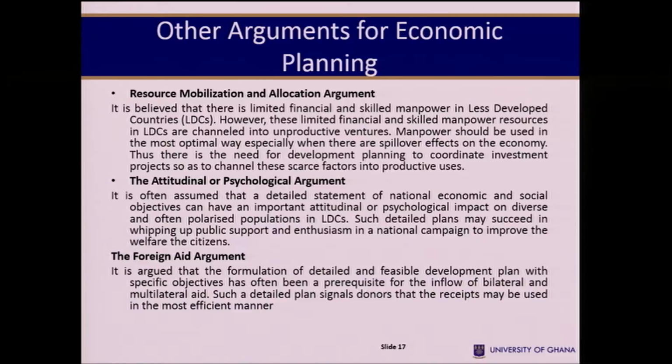If you look at some of the development policy frameworks we've had, the GPRS 1, 2, and even the GSGDA, one can talk about the foreign aid argument, so that the development partners are aware of what you would put their money to.